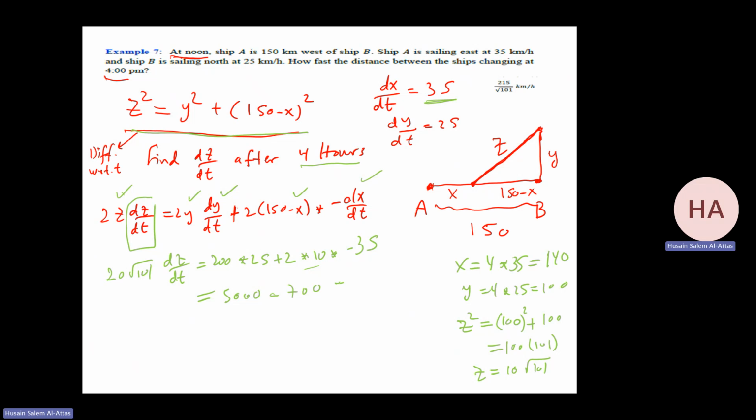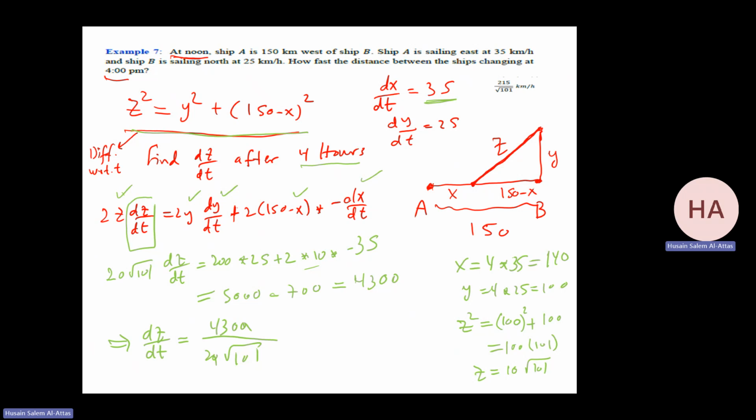And that equals 4,300. So dz/dt is 4,300 over 20 square root 101.